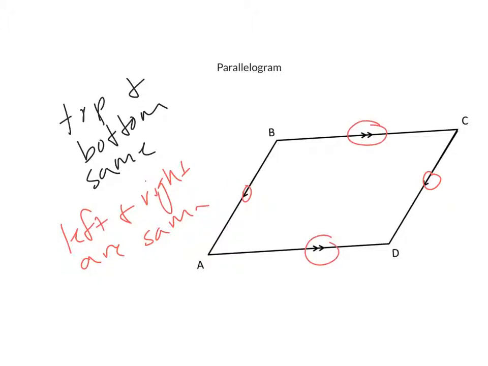Two arrows there, two arrows there, telling you they're the same. But we can see that there is this word parallel in our name. That's because, again, the top and the bottom are parallel to each other, and the left and the right are parallel to each other. So we could actually classify rhombuses, squares, and rectangles as parallelograms because they have two pairs of parallel sides.